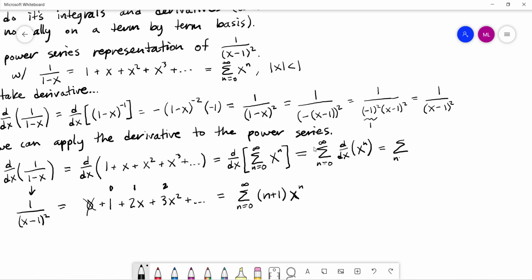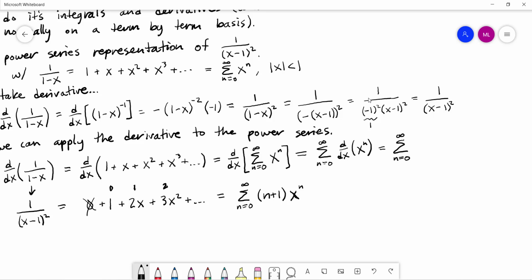Again, we just need to be careful about the indexing, because in this case there's one term that we need to keep in mind. When n equals 0, this x to the 0 is really a constant. And the derivative of a constant is going to be the 0 that we got over here. So you can't really treat that one with the power rule in the same way that you might normally.